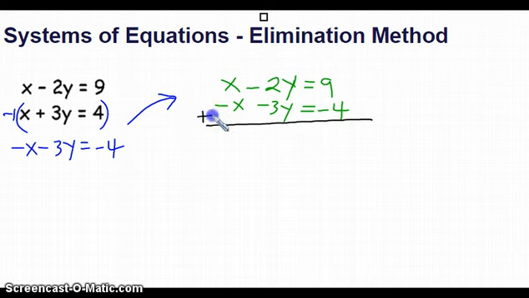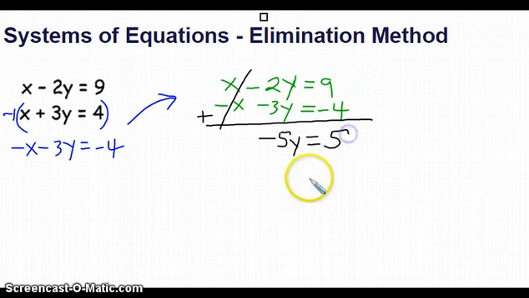So we're going to add these together. Well, x minus x cancels out. Negative 2y plus negative 3y is a negative 5y. Be careful with negative integers, guys, adding and subtracting them. So you have a negative 5y, and we have a 9 plus a negative 4. That's going to get us 5.